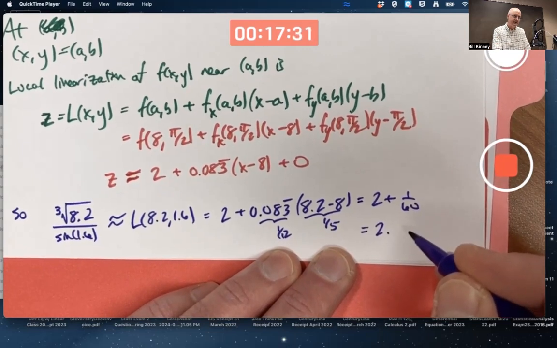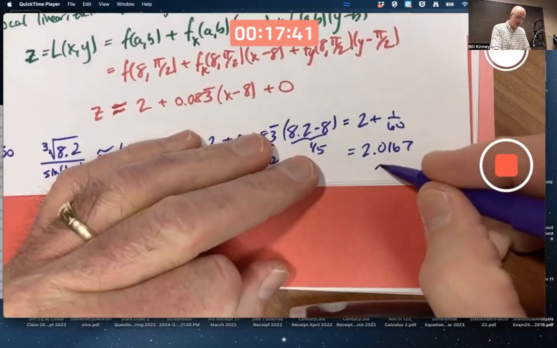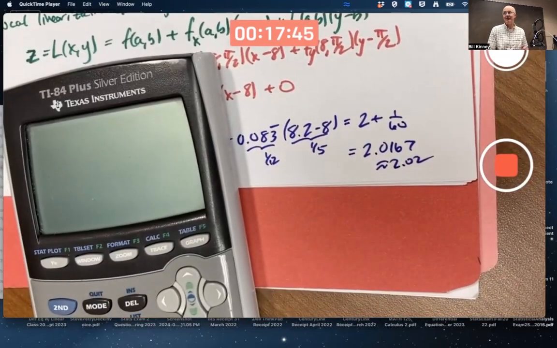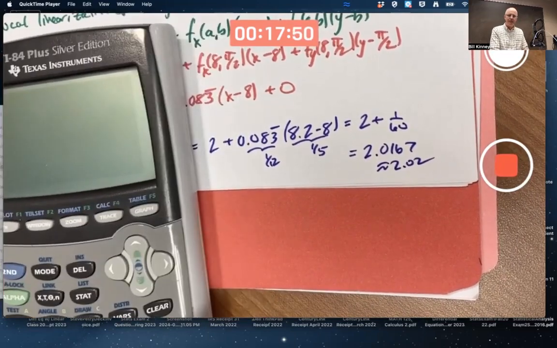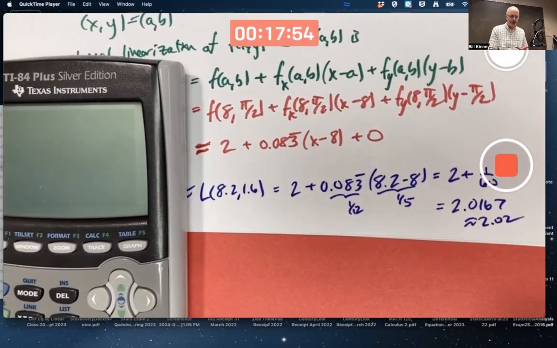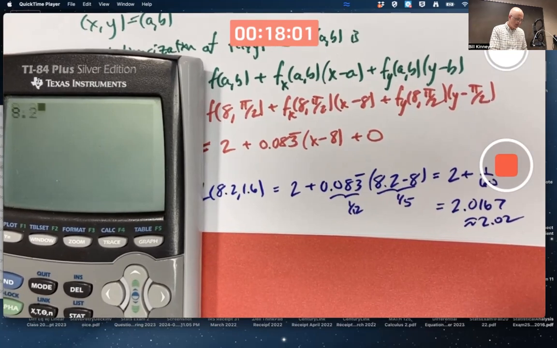1/60 is 0.0167 approximately. This should be 2.0167 or so. Maybe you round it to 2.02. To one decimal place, it rounds to 2. So maybe you did get off the island. But if you wanted more decimal places, hopefully it's close to 2.02. Okay, try it here: 8.2 to the 1/3 power divided by sine of 1.6.